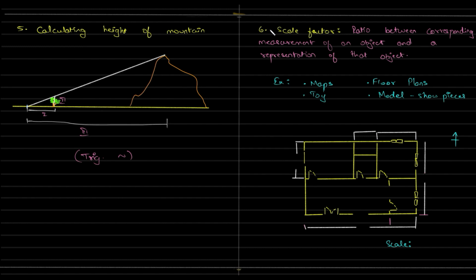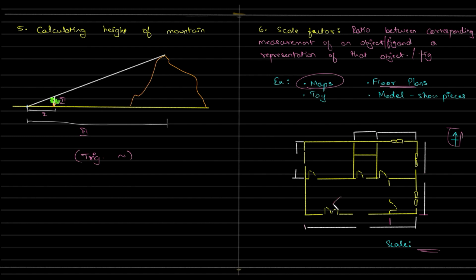The scale factor, again a very important thing, is used every day because we use maps, and in maps we use scale factor. Scale factor is nothing but the ratio between the corresponding measurement of an object and the representation of that object or a figure. This definition can be told in terms of a figure. Again, we'll take an example to understand what exactly this definition is telling. If you take something called a floor plan, say you want to build a house, you have to get the floor plan done and approved. In that, we will mention the direction of the structure and the scale and all that.